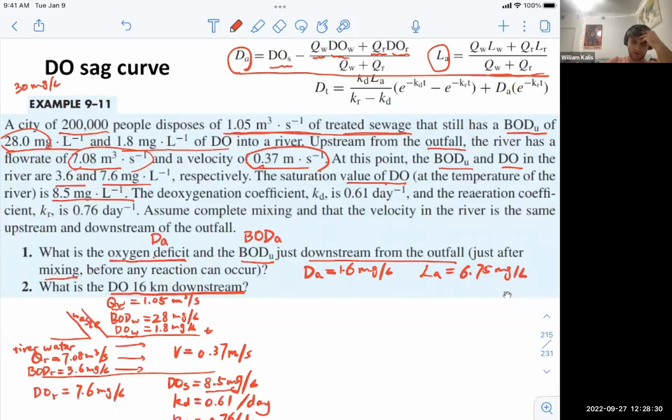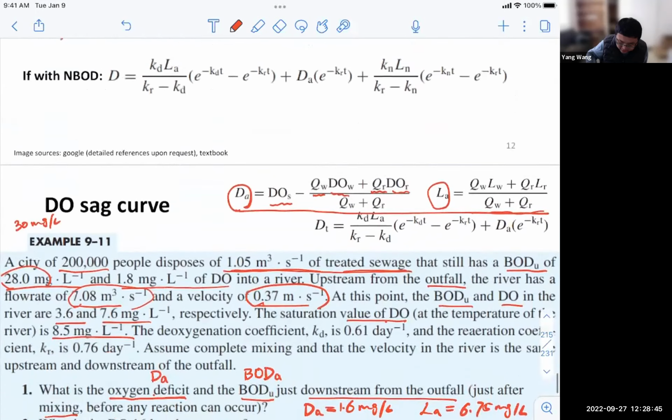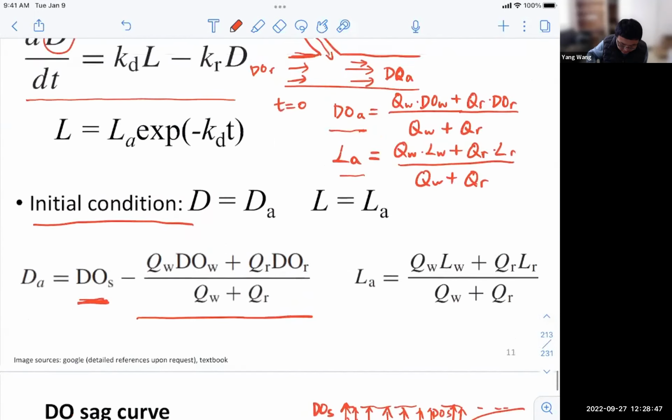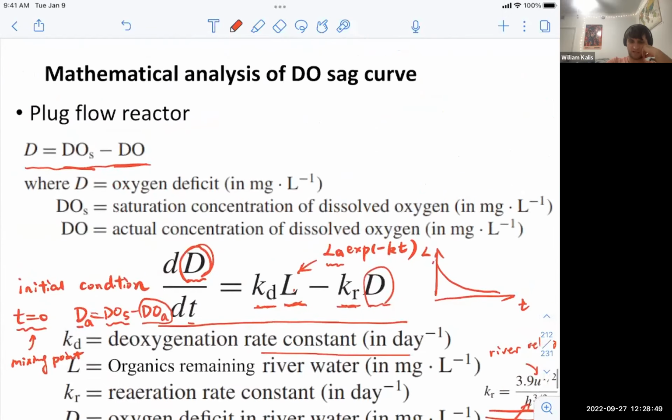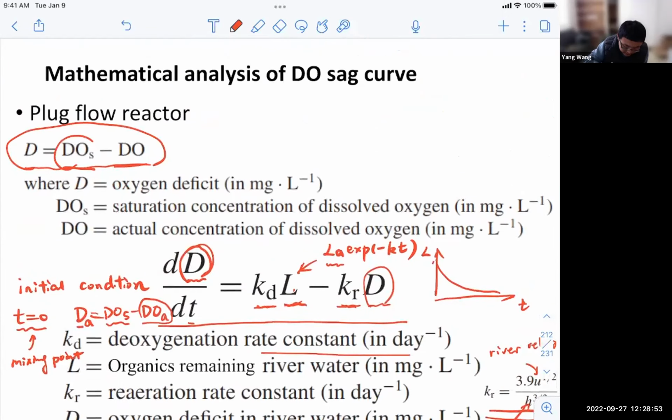Also, the DOS in this formula for DA, that would be the upstream dissolved oxygen content? The DOS is the saturation of the oxygen. Is that always just like 8 milligrams per liter? For this problem, it's giving you 8.5, but it really depends on the temperature.